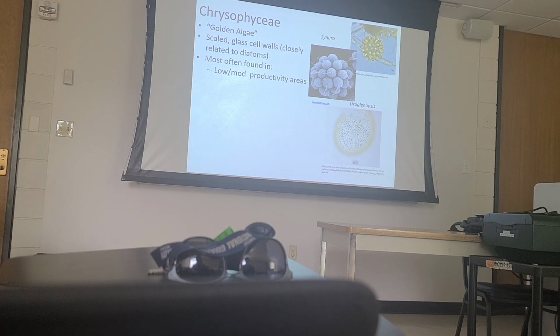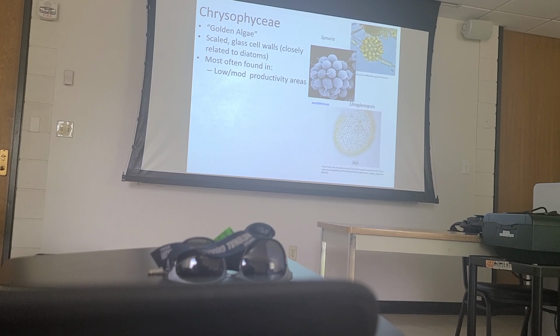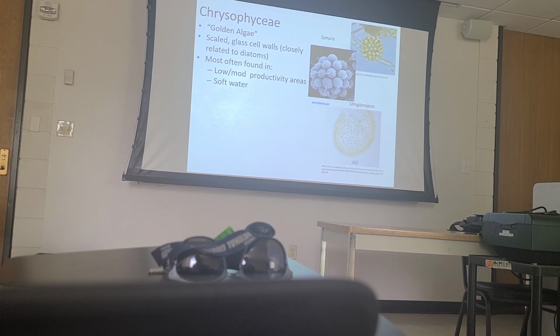Most often found in, so they might be dominant in places that have kind of a low or moderate productivity. Generally soft water. You know, have we talked about soft water versus hard water in here? You've heard that term, right? Like having hard water or having soft water.